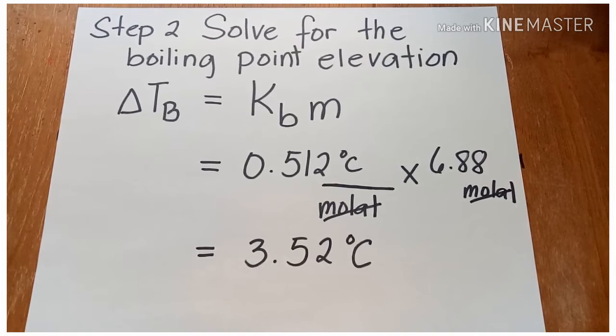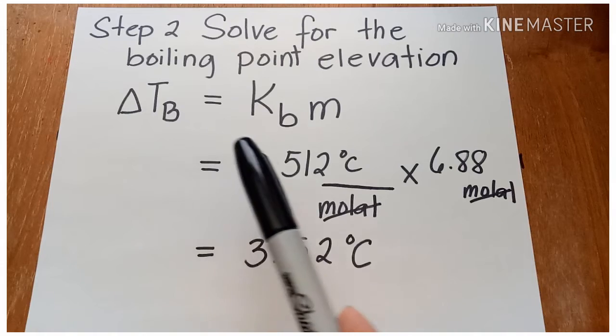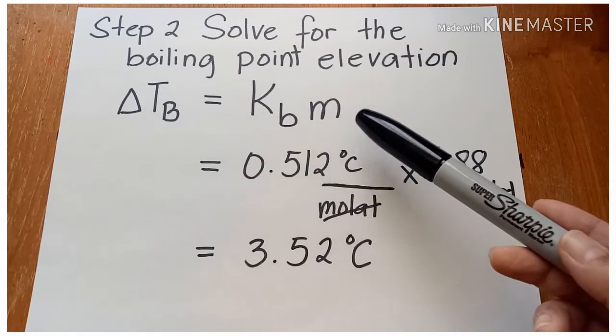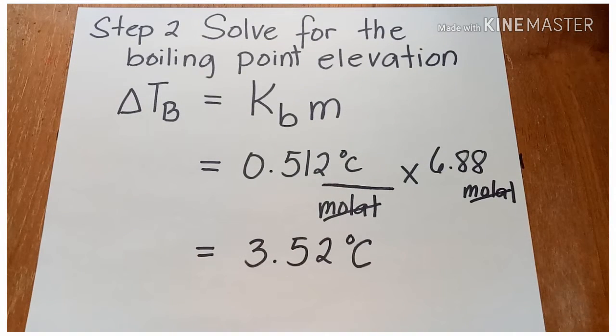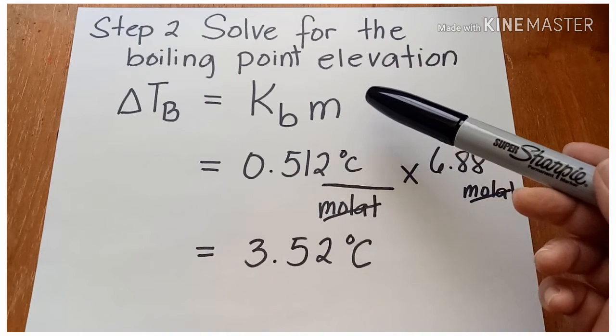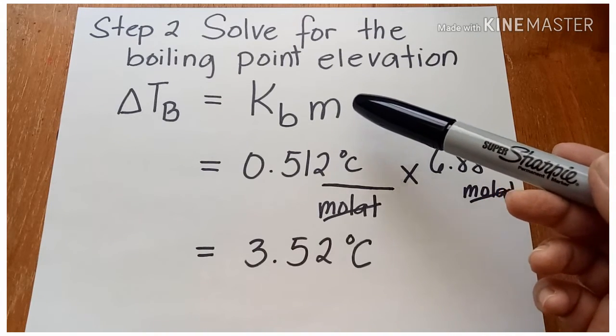For step 2, we're going to solve for the boiling point elevation. Our formula for boiling point elevation is delta T sub B equals K sub B times m. Earlier we solved for the molality, so we can just substitute the given to this formula.